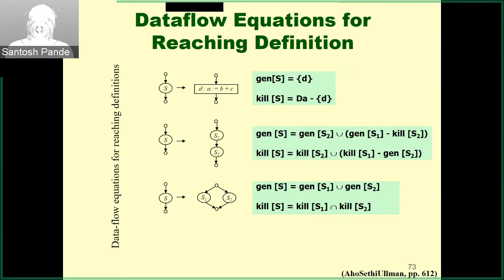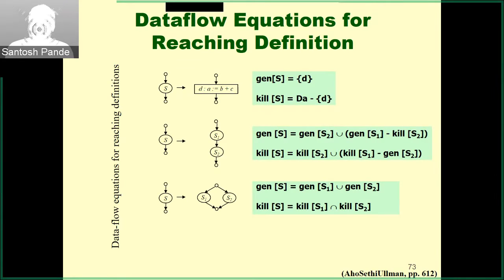Gen of S, which is a compound statement of S1 followed by S2, is whatever is generated in S2, which is always there, of course, because it's downward exposed. But whatever is generated in S1 and whatever is not killed in S2 makes it to the end of S. And so you can see the second part of the set is modified.